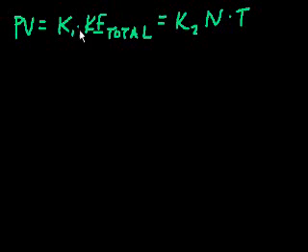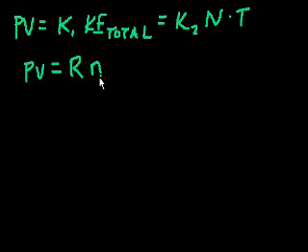So in general, we could also say that pressure times volume is equal to some constant, and we'll use R, because you'll see where that's coming from in a second, times the number of molecules, n. When I write small n here, before I was just saying the absolute numbers. If I had 5 molecules, I'd put a 5 here.